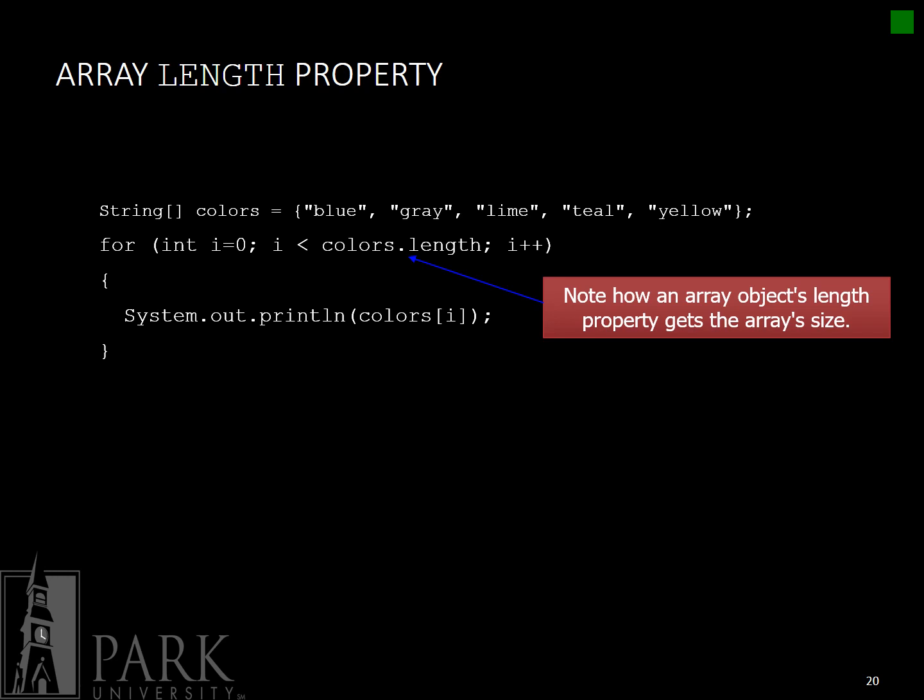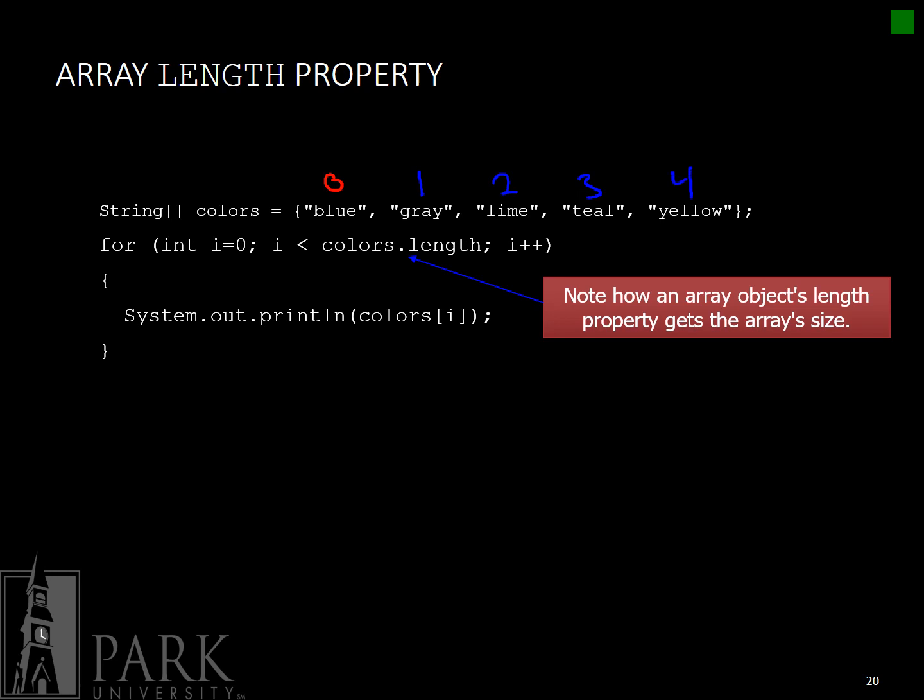For int i equals 0, while i is less than colors.length, increment i, and then print out colors at index i. So at index 0, we're going to print out blue. At index 1, we're going to print gray. Lime is going to be 2. Teal is 3, and yellow is 4.